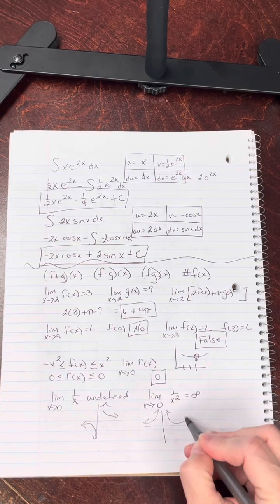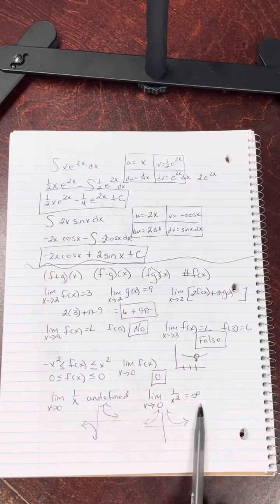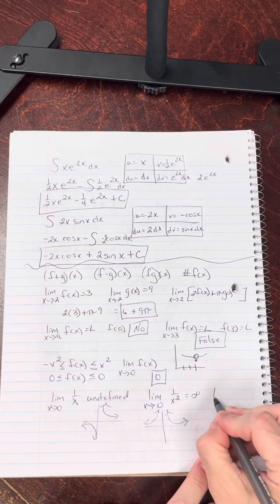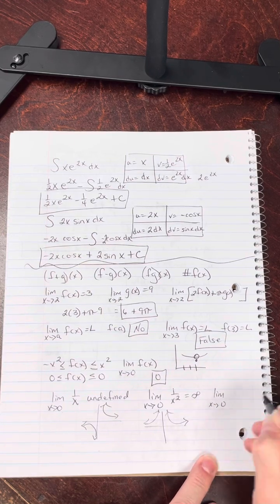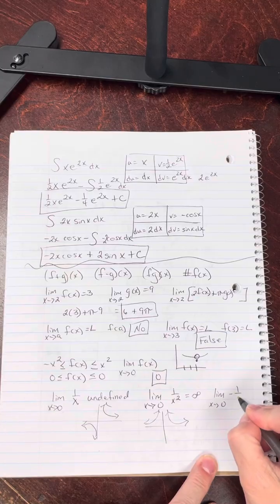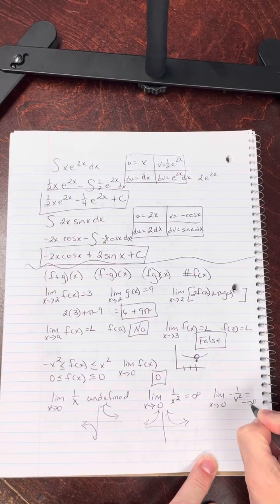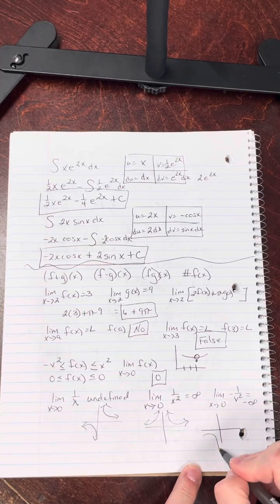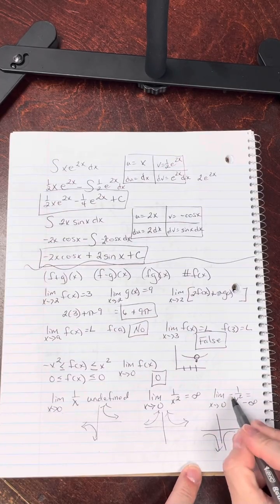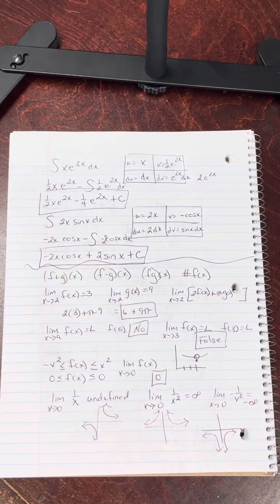So that might be helpful in understanding that it's climbing forever. That's why it's infinity. So then the limit of x approaching 0 for negative 1 over x squared will be negative infinity. And the picture there to help is that this is now falling because the negative out here changed it, and so it's negative infinity forever.